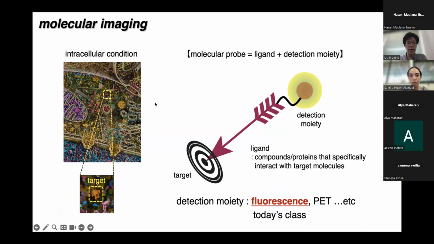This ligand can selectively interact with our target, and we detect the detection moiety. That's why this method is an indirect method for detection of the target. And there are several modalities for detection, for example, fluorescence or PET and so on. In this class, I will talk about fluorescence.